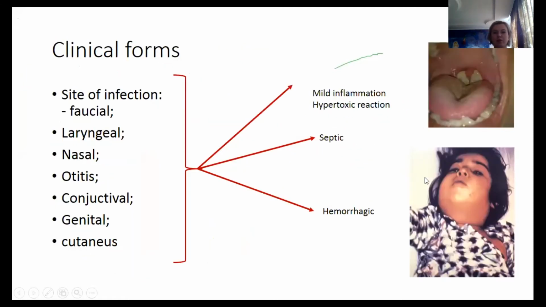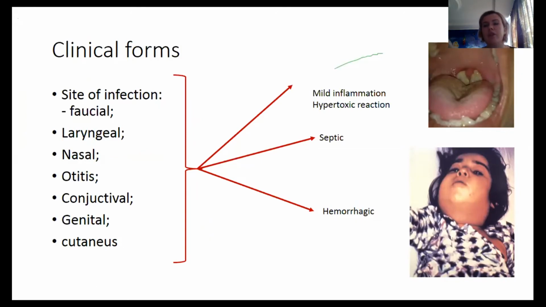Now, clinical forms of Corynebacterium diphtheriae. By site of infection, we can divide it into the following groups: faucial, laryngeal, nasal, otitis, conjunctival, genital, and cutaneous. And severity of this infection ranges from mild inflammation to hypertoxic reaction, septic form, and hemorrhagic form.